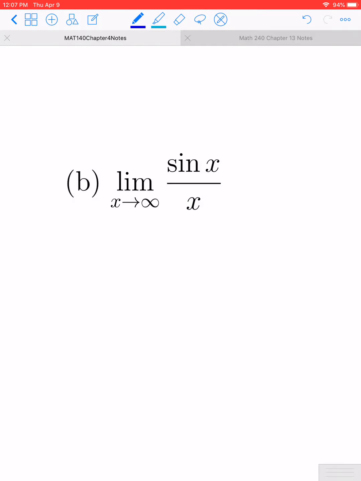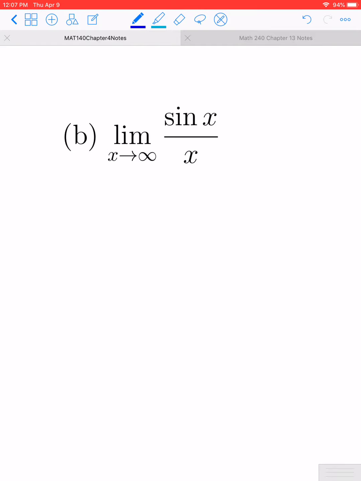The question is, how can we show this? Well, the limit theorem that we have from this section involves things like constants over powers of x. They don't involve things with a sine function. This is where our good old friend the squeeze theorem will come back in. We know this because -1 is less than or equal to sine x, which is less than or equal to +1.